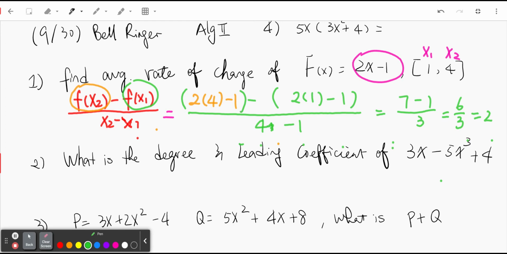Standard form is when you have the expression written in decreasing, descending order of the exponent. In the question, for 2x the exponent is 1, right? And then the second one, the exponent is 3. And the last one is a constant when you don't have a variable.